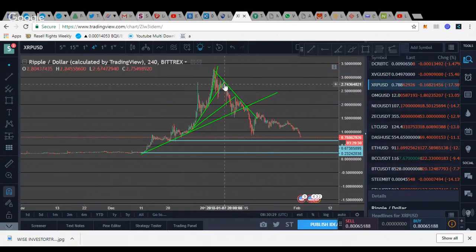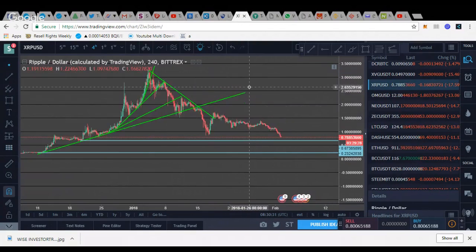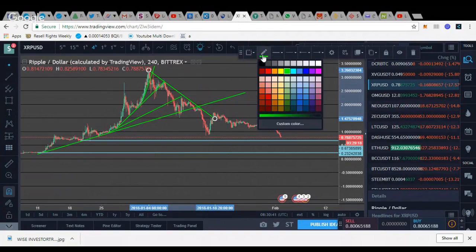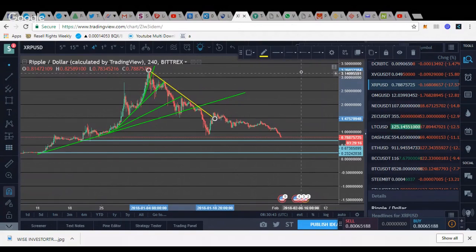Sometimes TradingView just messes up. All right, it breaks this pattern, this channel. Let me put in another color so you can see it clearly.